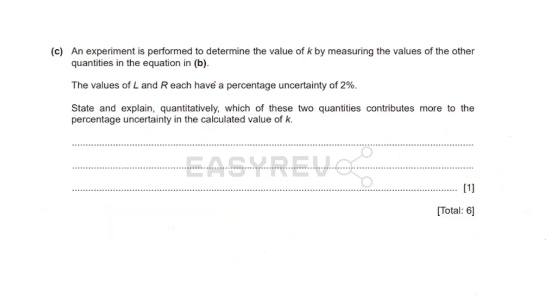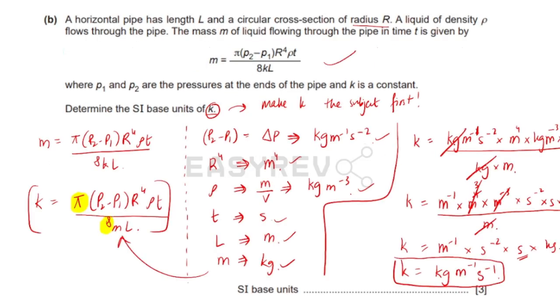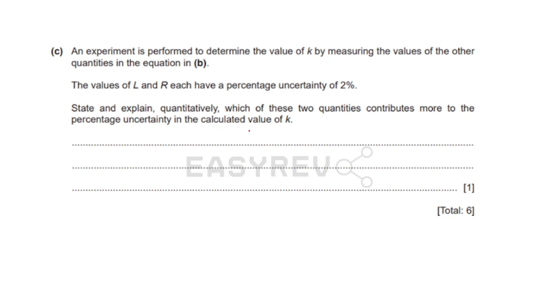An experiment is performed to determine the value of K by measuring the values of the other quantities in the equation in B. The equation is already given over here. Now, state and explain quantitatively: the values of L and R each have a percentage uncertainty of 2%.